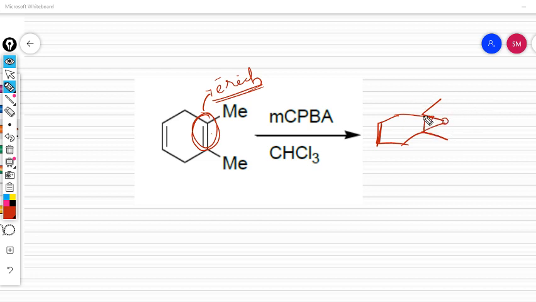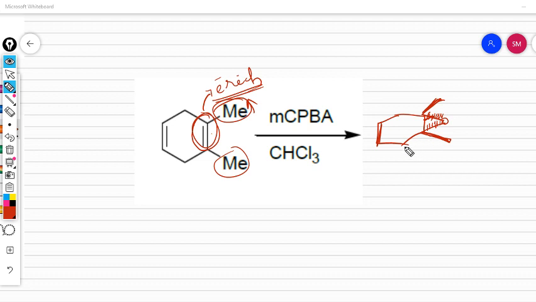As for the stereochemistry, if you consider these two methyls are above the plane, the oxygen attack will form below the plane.